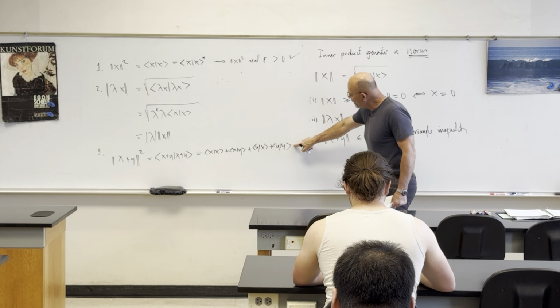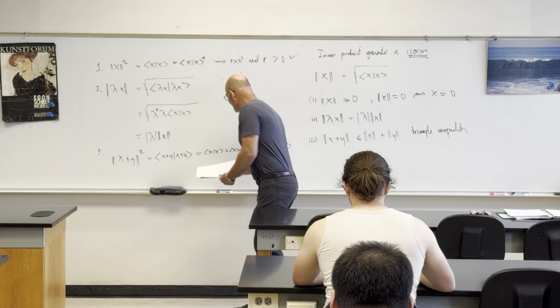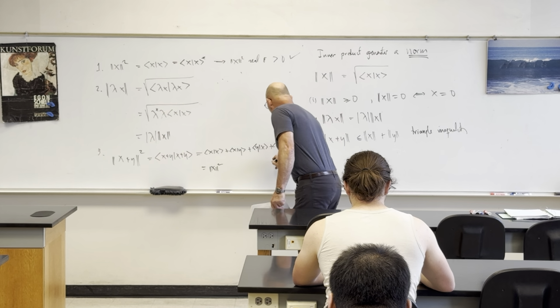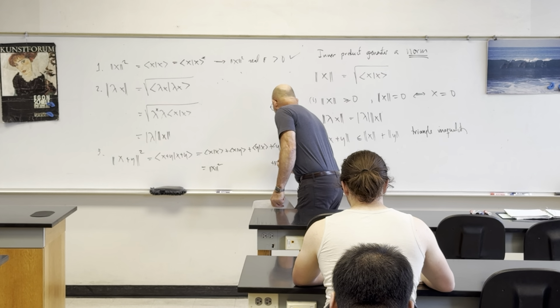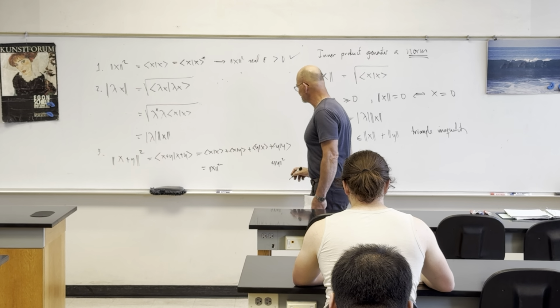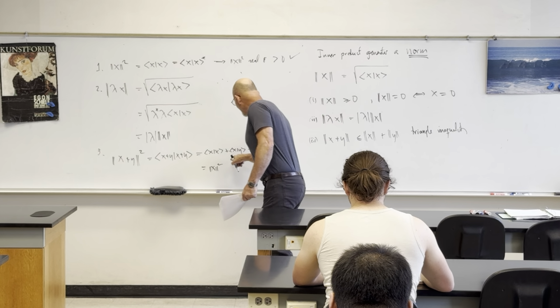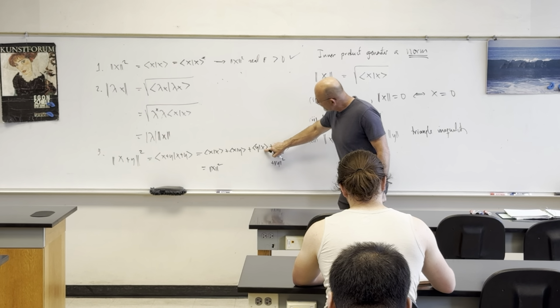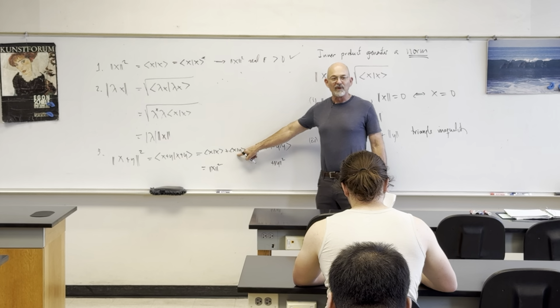So these two are norm x squared plus norm y squared. Well, what about this thing in the middle here? This second one is the complex conjugate of the first one, right?